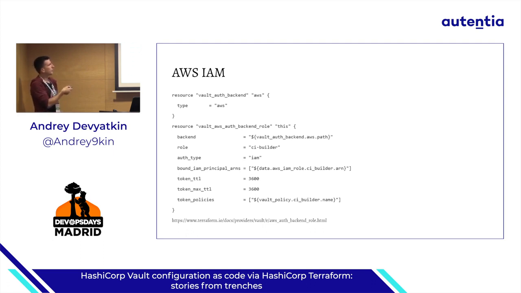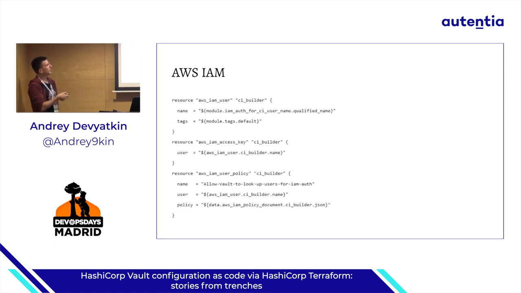So with AWS, you do a role again. Here we're saying the CI, and the token is going to be valid for 1 hour. Get those policies. And then you need to create an AWS user. Why would you need to have an AWS user? You need to give Vault some credentials, so Vault can go to AWS and check stuff for you.